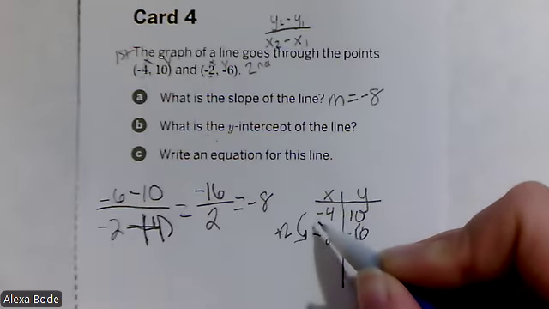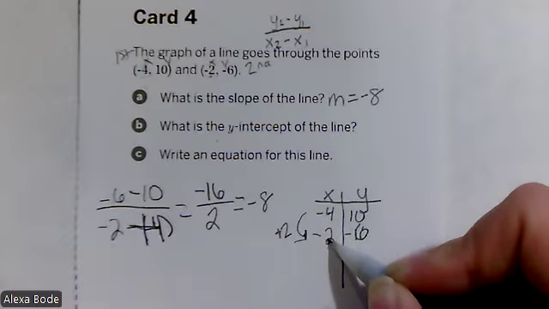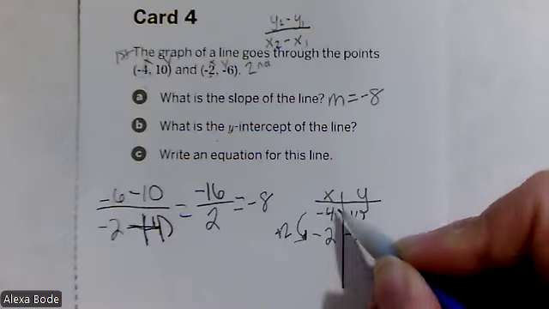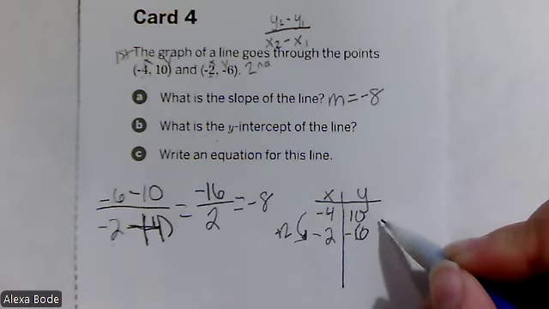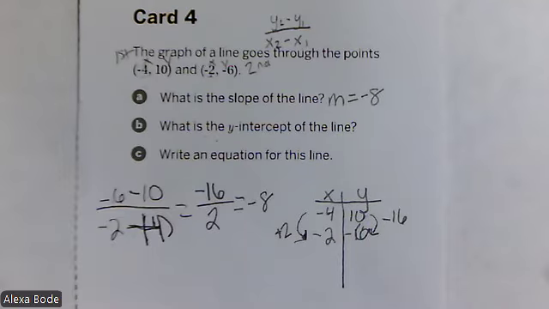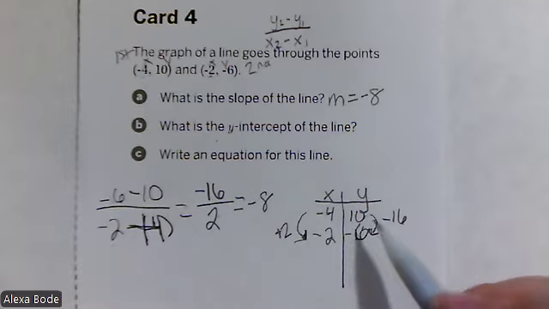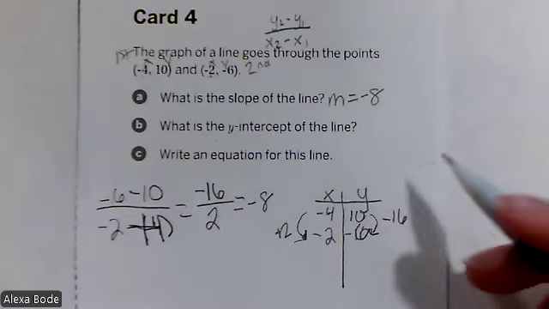Don't get this confused. This is +2 here because owing $4 and then only owing $2, you have more now. And then 10 to -6 is -16. And then similarly to what we ended up with here, -16 divided by 2 is -8.